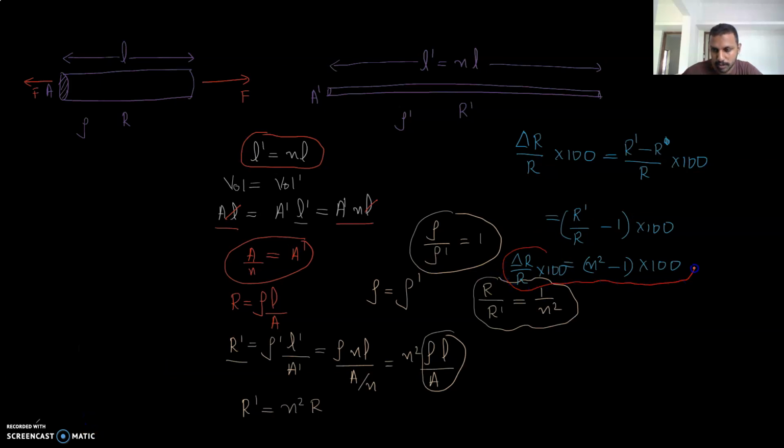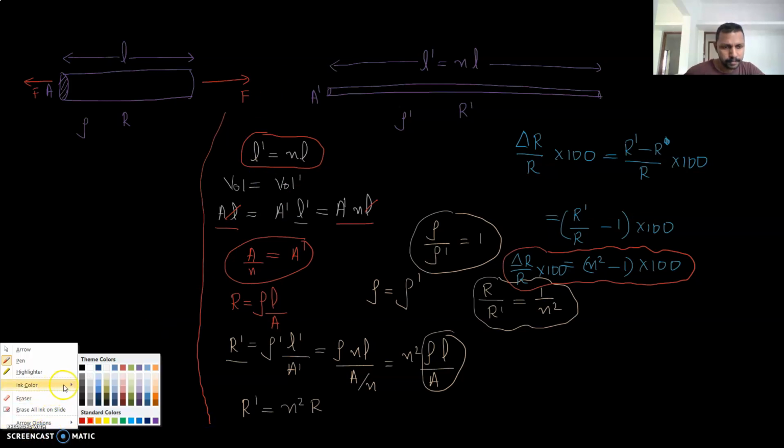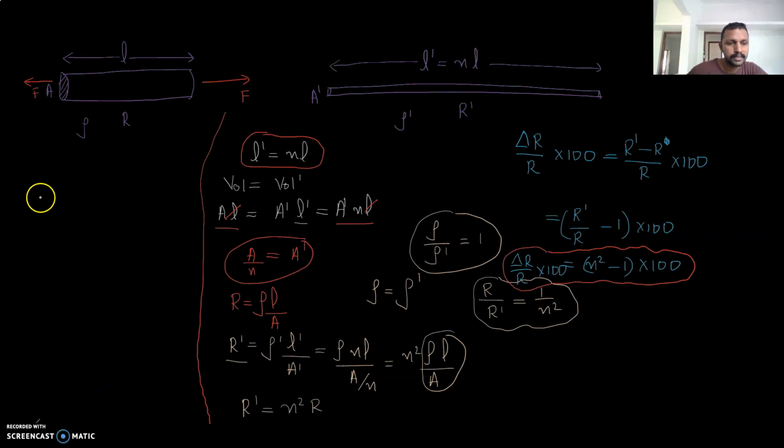Remember all these formulas. Let's use these formulas in a case like this. That is, if we are having a numerical coming in a slightly different manner, I'll show you how to use it. Let us say the final length is 2 times initial length.